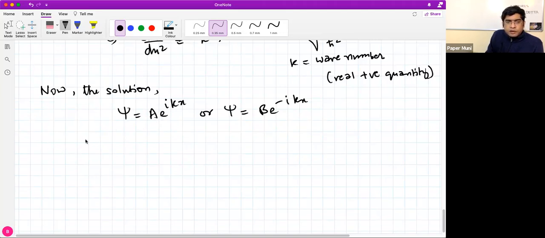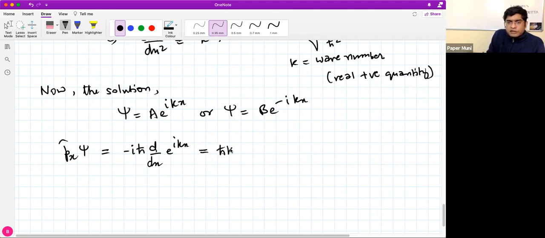So how do we interpret this? Let's talk about the momentum of the free particle. If I apply the momentum operator to e to the power ikx, you get h cut k times e to the power ikx.